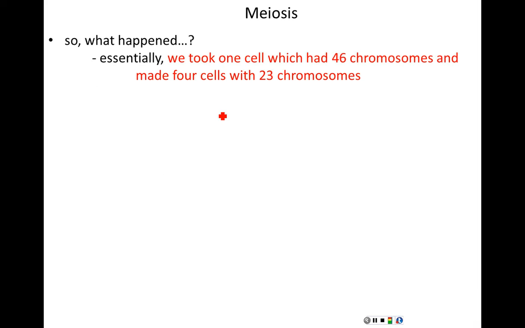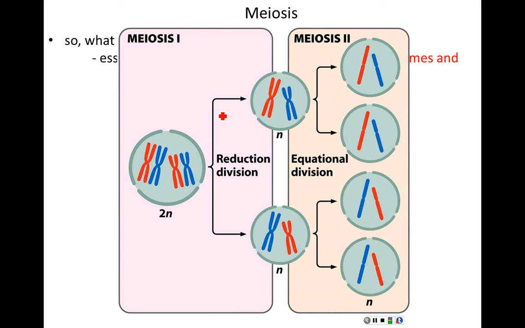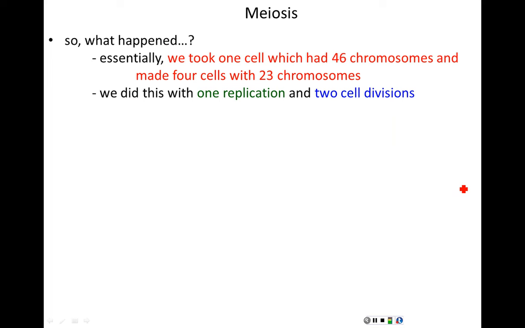To boil it down, though, in meiosis, we took one cell, which had 46 chromosomes if it was human, and made 4 cells, each with 23 chromosomes. We took one cell with 46 chromosomes, divided it into 2 cells with 23, and then separated sister chromatids to make 4 cells with 23 chromosomes, with reshuffling, crossing over, genetic recombination, adding variability.